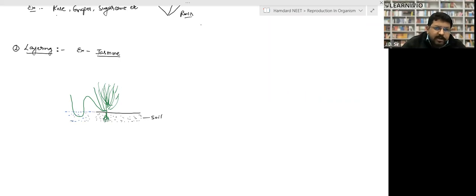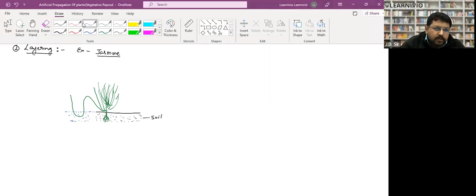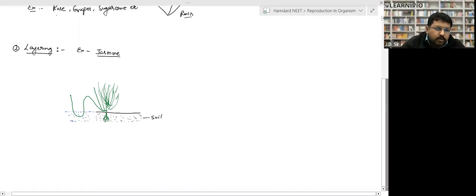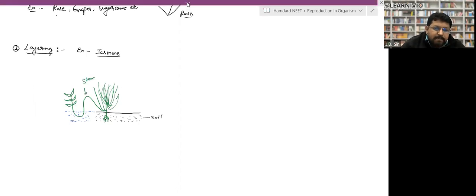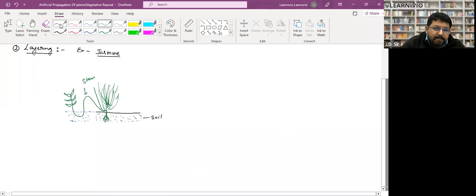This is one of the main branches. So this branch has been layered with the soil. By the way, this is the stem part, basically.